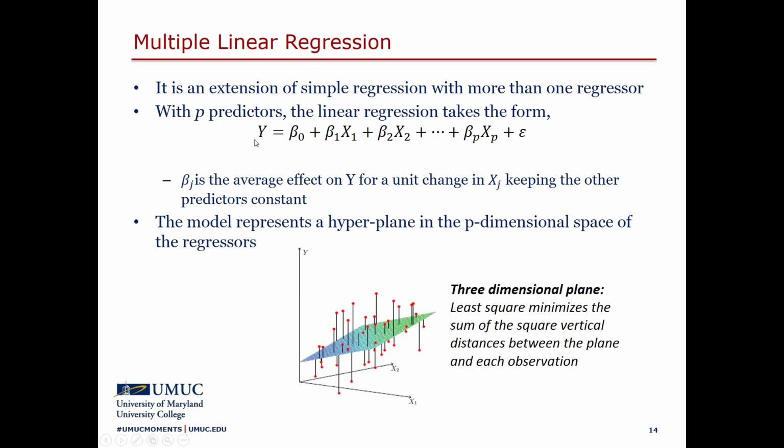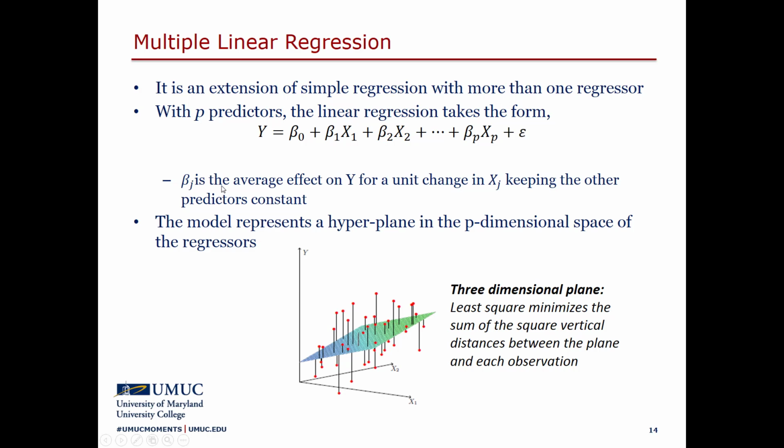If you remember from simple regression, the population regression line was y equals beta 0 plus beta 1 times x1 plus error term. Here now we have additional terms for the additional predictors. So multiple regression is where you have two or more regressors, and really the rest of the function is similar to what we saw in simple linear regression.